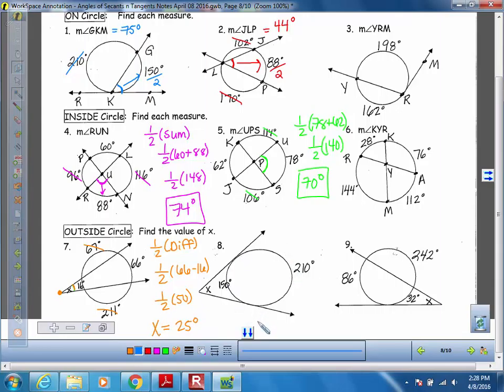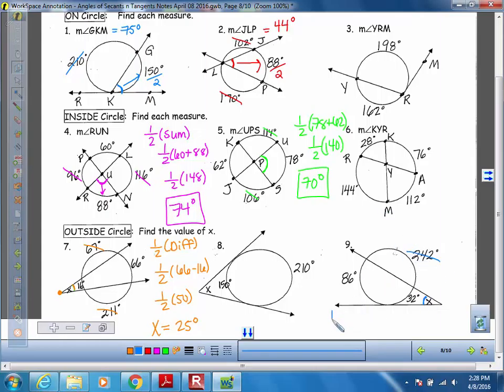Okay, let's try one more of those. So let's do number 9, because number 8 actually doesn't give us anything that we don't need. So in number 9, we're finding this value of x. So which one do we not need there, Seth? 242.